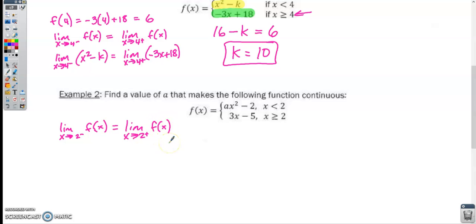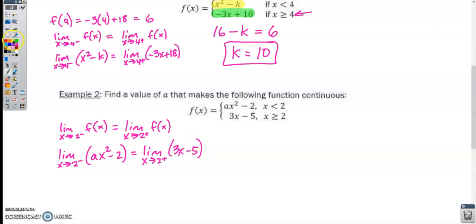As x approaches 2 from the left, we're using the top branch of the piecewise function, since that's the values to the left of 2. So there we want to find the limit of ax squared minus 2. And for the other branch, we want to find the limit of 3x minus 5.